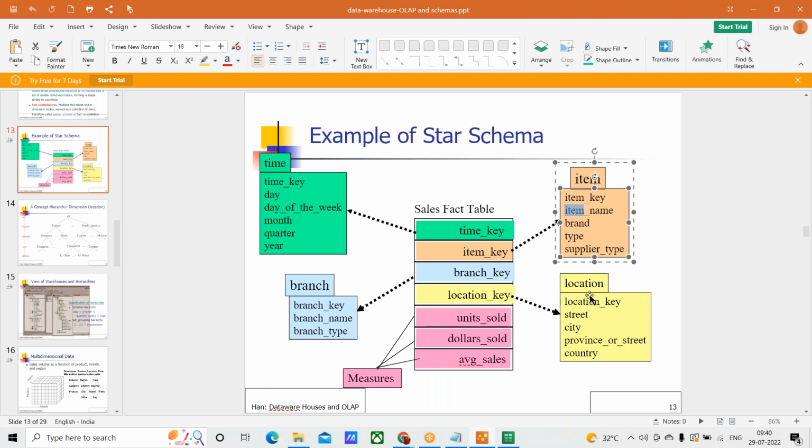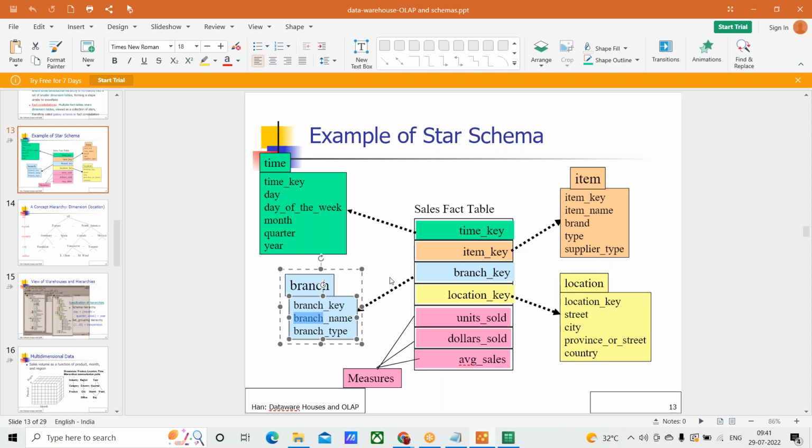Or you can join with location and write a query for city-wise sales, because the fact table will have the number of items sold for each item. If you join with location, you can get it city-wise or state-wise. If you join with branch, you can get branch-wise sales.